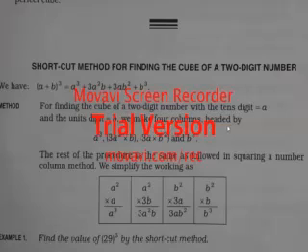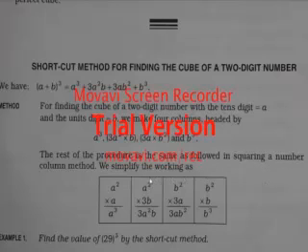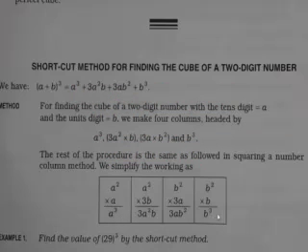We can make 4 columns headed by a cube, 3a square b, 3ab square, and b cube. You have to make 4 columns. You can see here it is 4 columns. The rest of the procedure is the same as followed in squaring a number by the column method, but in squaring there were 3 columns of a square, 2ab and b square, while here it is 4 columns of a cube, 3a square b, 3ab square and b cube.